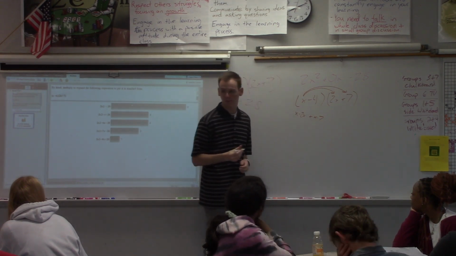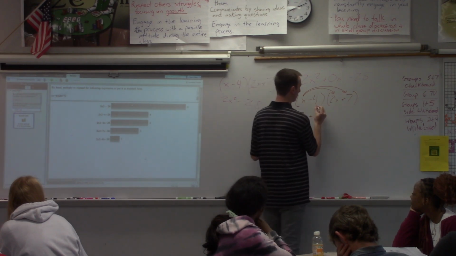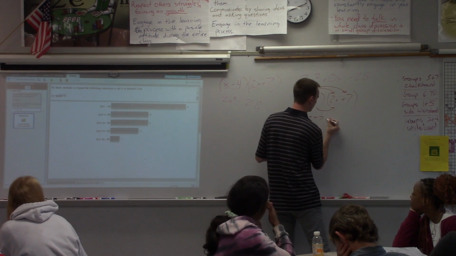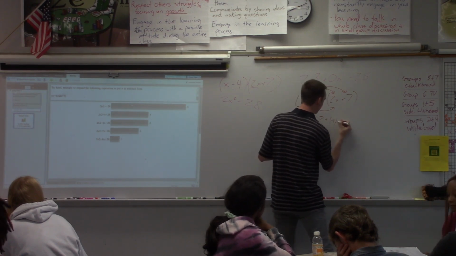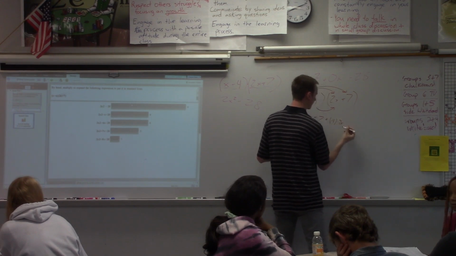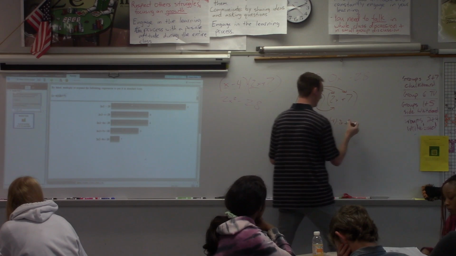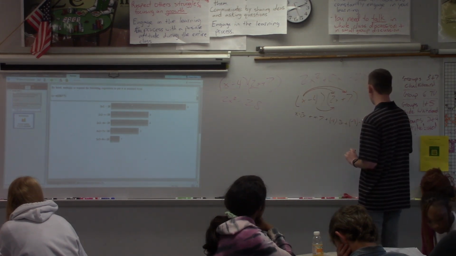And then what? And then 4 times 2x. Negative 4 times 2x. So I will put a plus negative 4, just so we can see it, and then we'll simplify it in a second. Times 2x. And then what else? 4 times 7. Negative 4 times 7. Yeah. Negative 4 times 7.